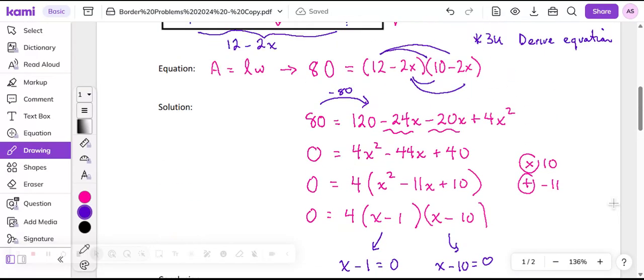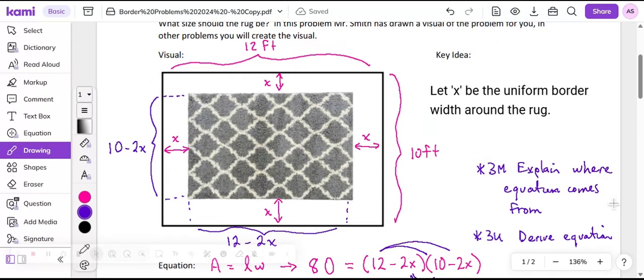Colette says 1-foot border fits the bill. What do you say, Forrest? It just doesn't make sense because one of the sides would take up the whole room.